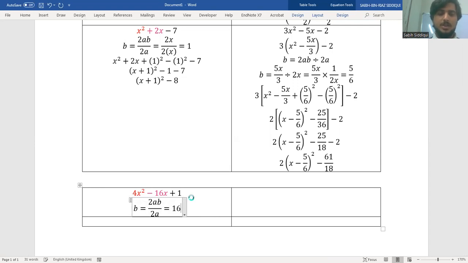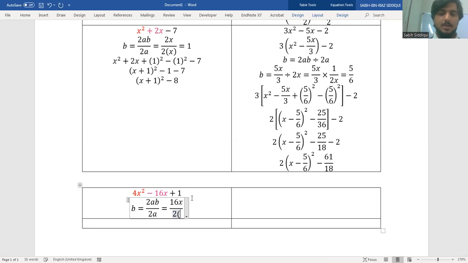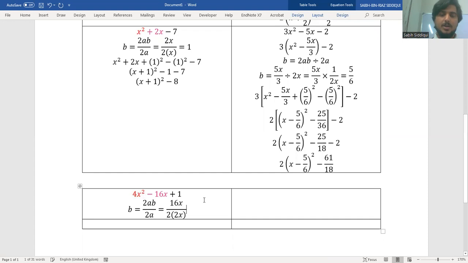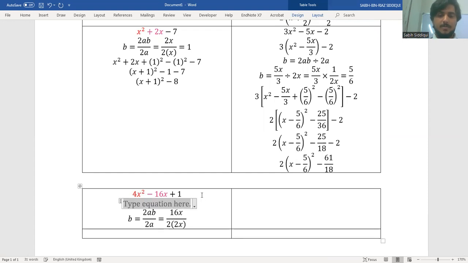So 2ab is 16x, divided by 2 is just a number, and a is basically 2x. Now, why? Because I'm considering 4x squared as my entire a square, then a will practically be 2x.